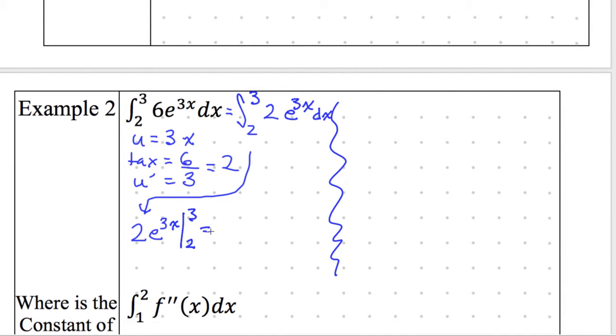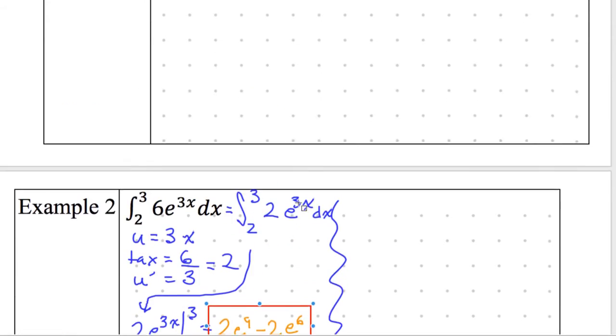So what is that thing equal to? I'm going to plug in 3 first, so 3 times 3 here is 9, so it's going to be 2e to the 9 minus 2e to the 6. 2e to the 6. And there's our final answer.